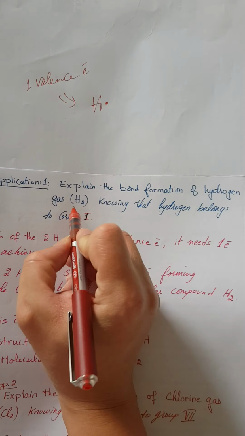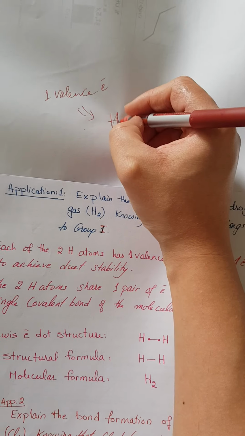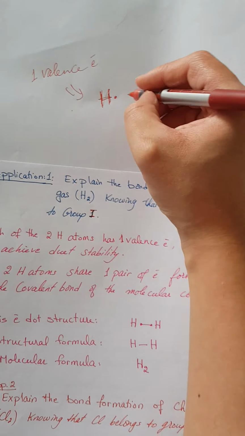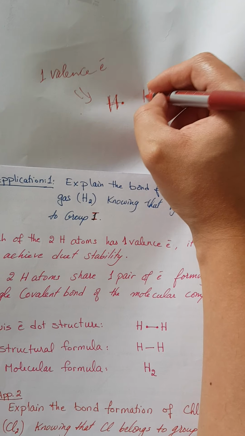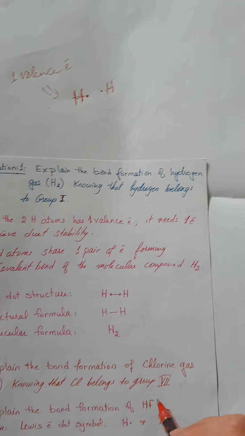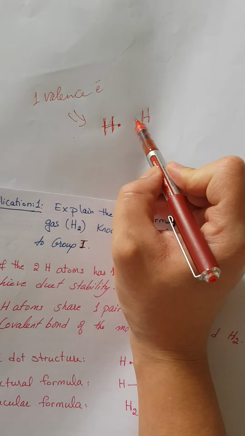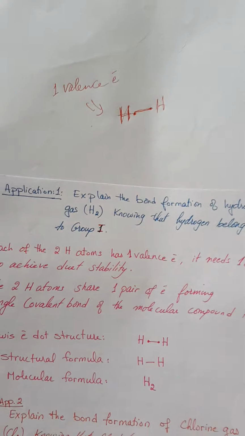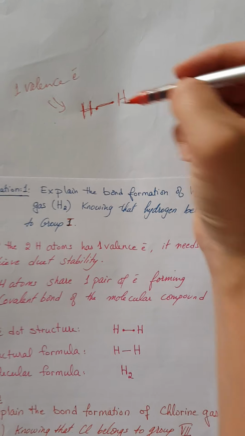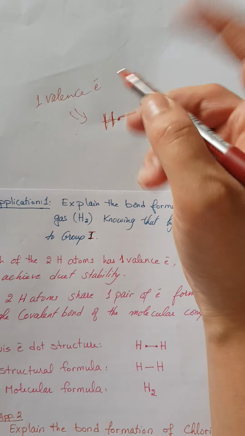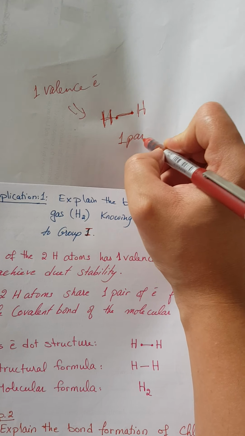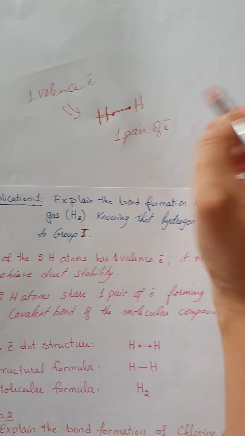It means it's 2 hydrogen. This is the first hydrogen, and this is the second hydrogen. It's very clear that they are going to form a single covalent bond by sharing only one pair of electrons.